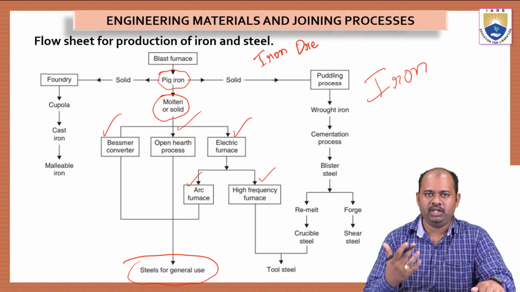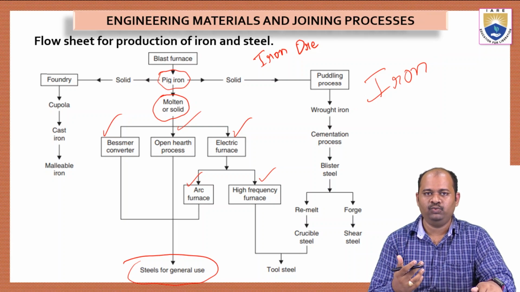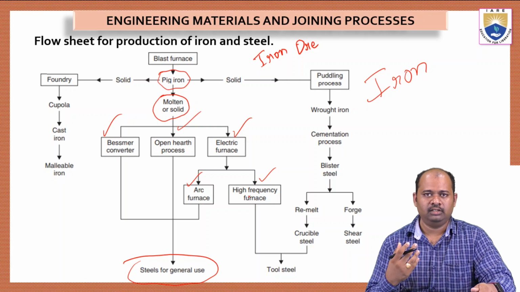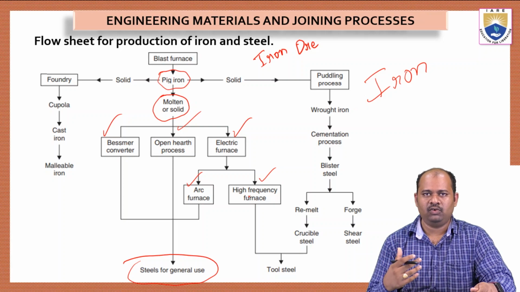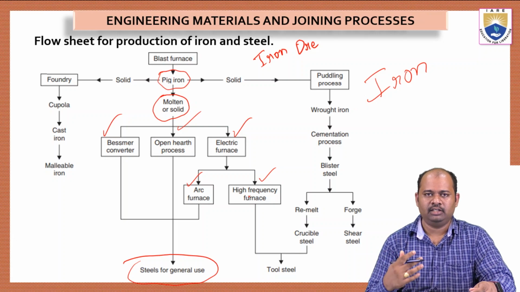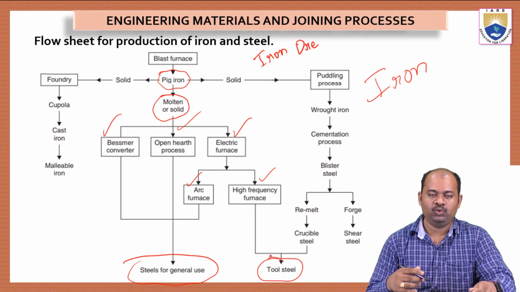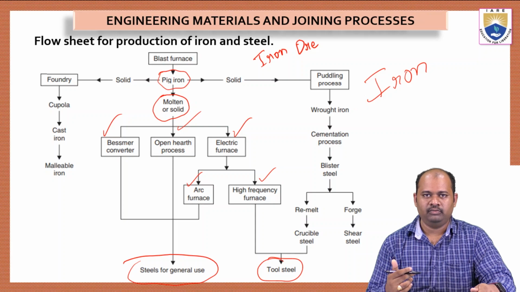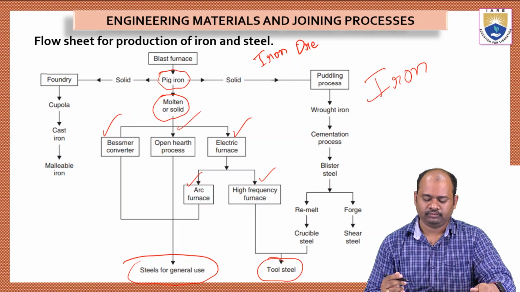If we want to cut the pig iron with iron, we have to modify its composition using a high frequency furnace, where the end material coming out is so strong that it can be used to cut itself, like a tool made of steel. This steel tool can be used to cut iron itself. So this is a very good process where we get very strong tools generated from iron.